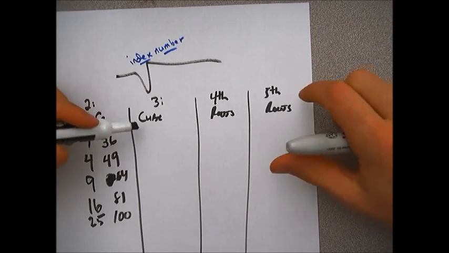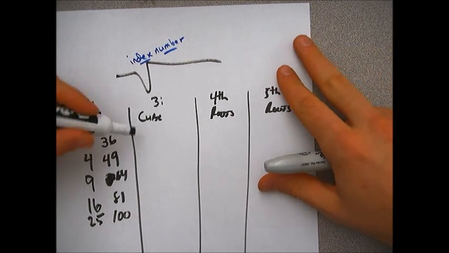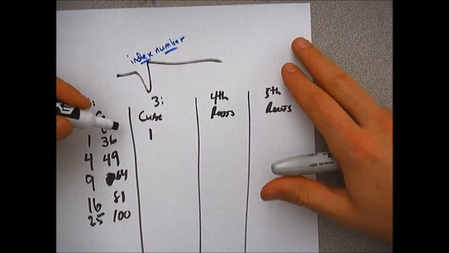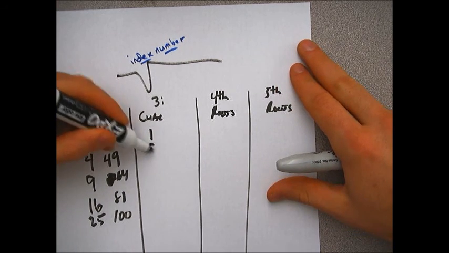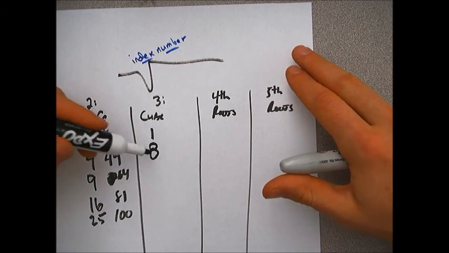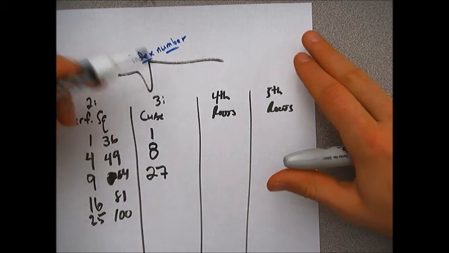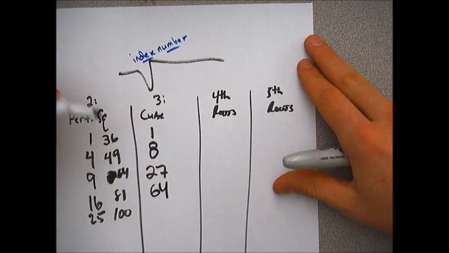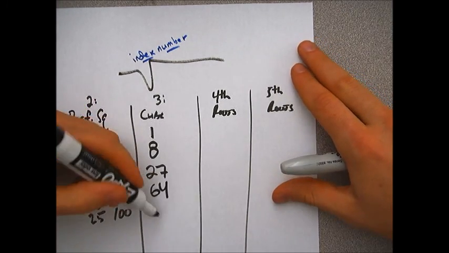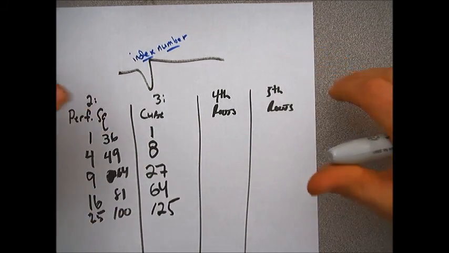For the third roots, 1 times 1 times 1 is 1. 2 times 2 times 2 is 8. 3 times 3 times 3 is 27. 4 times 4 times 4 is 64, and 5 times 5 times 5 is 125.